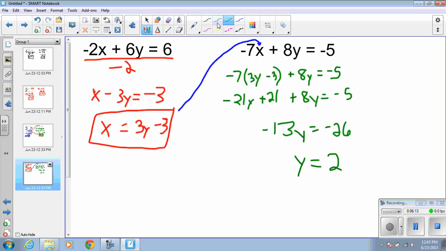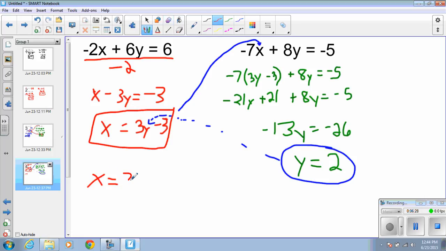And we take this and plug it in for our y, and we can say that x is equal to 3 times y, which we now know is 2, minus 3 tells us that x is equal to 3.